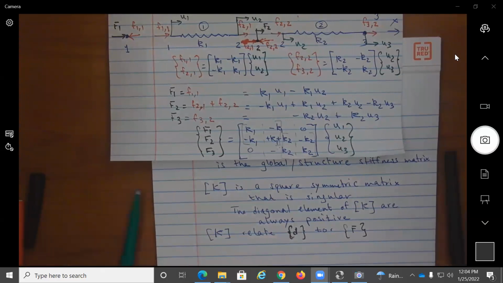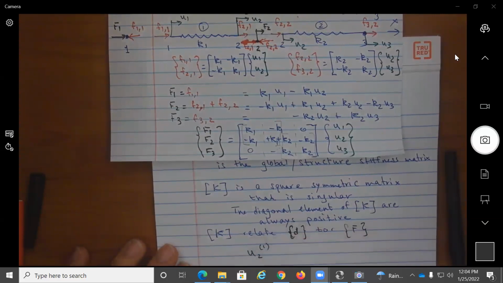So please keep in mind that U2 for element 1 is the same as U2 for element 2. So we simply call it U2.